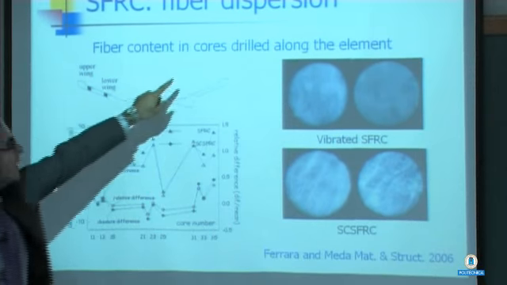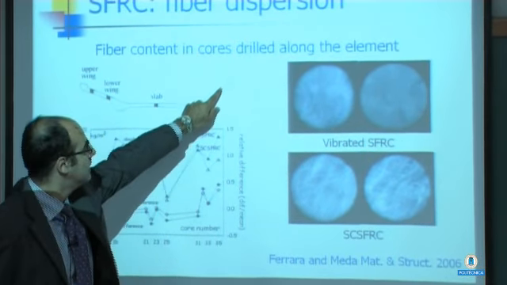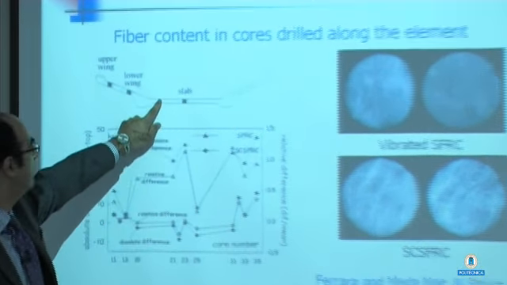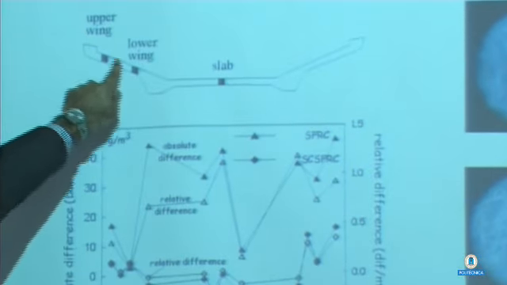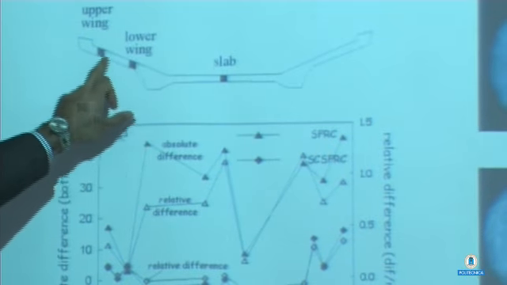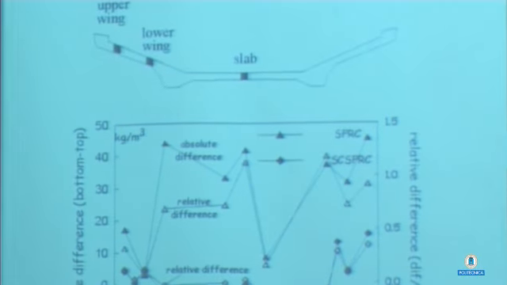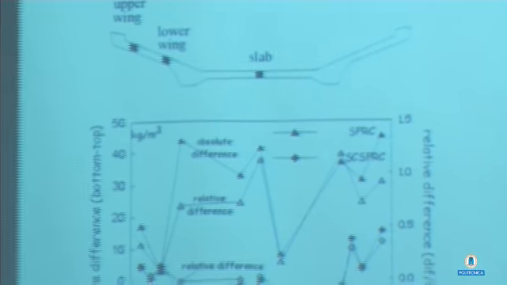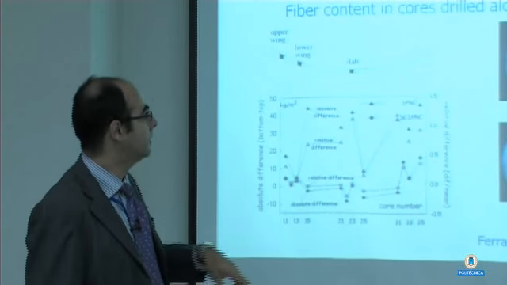The elements were cast from this side, and the concrete flowed here, and we had to put some more material on this side. So we took cores in these regions, which were for us the most critical as far as fiber dispersion was concerned. And we compared the solution with vibrated concrete and the solution with self-consolidating fiber reinforced concrete.